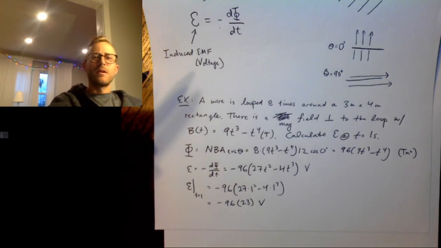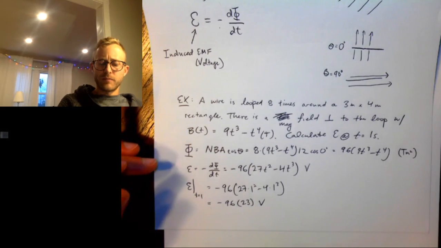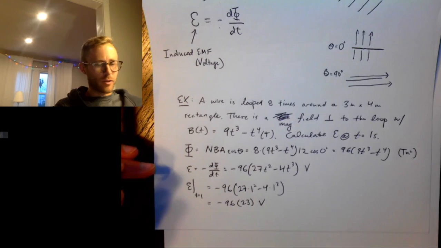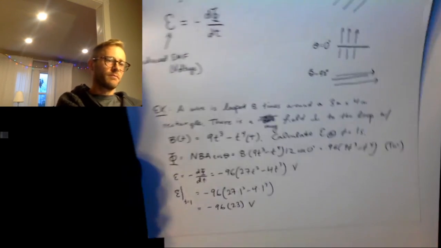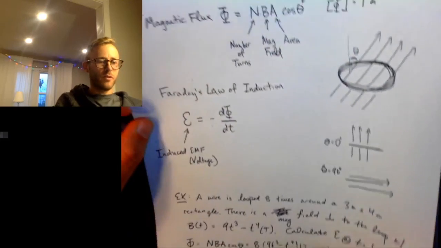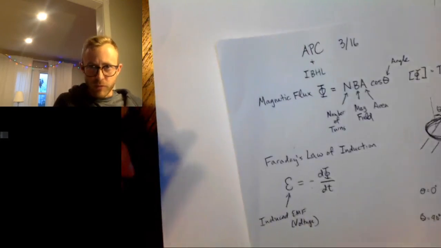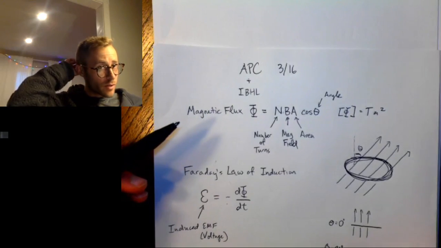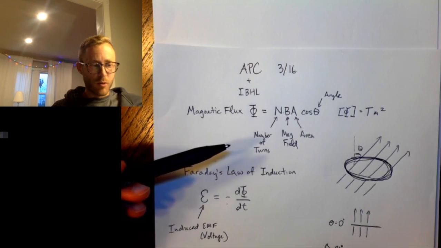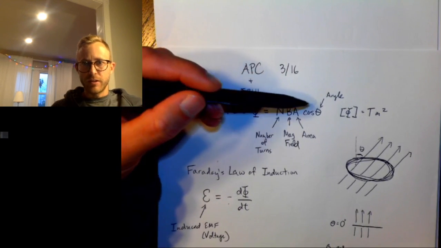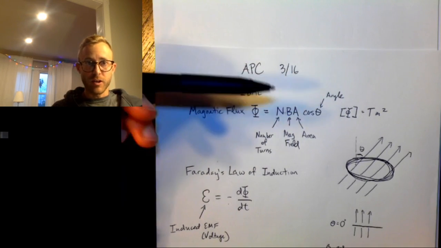All right. Muhammad is asking, what is an instance where you would see an induced voltage? Excellent question. So let's maybe flip this over. Oh, before I flip the page over, notice that in order to create an induced EMF, one of the factors in the equation for magnetic flux has to be changing.